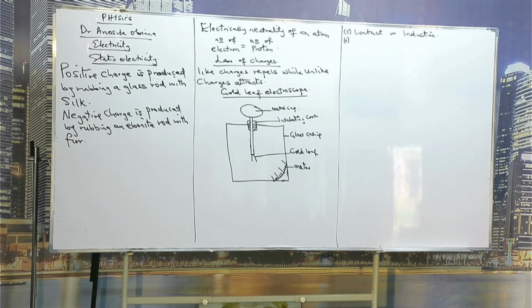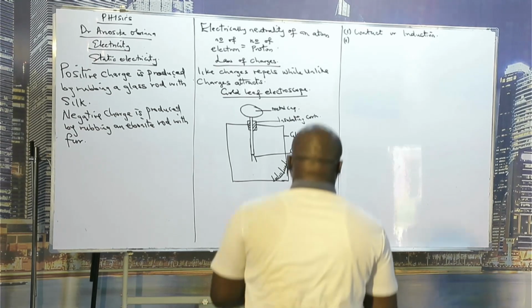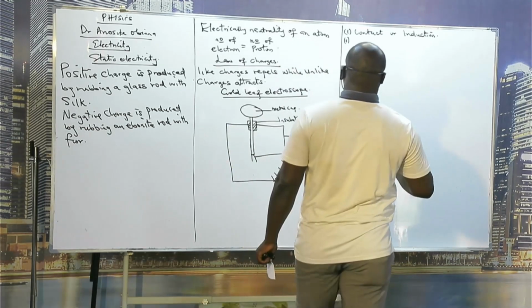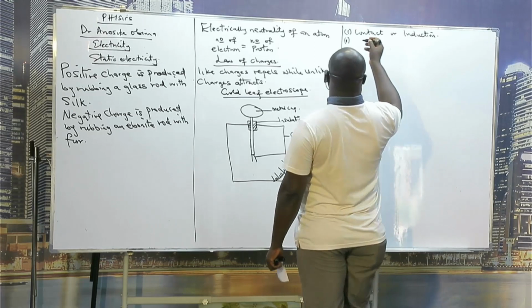Supposing we want to charge a gold leaf electroscope positively, you bring a negatively charged body in contact or near the cap of the gold leaf.